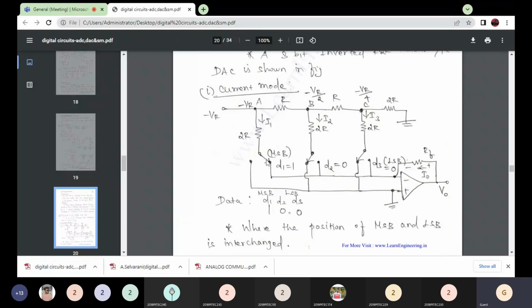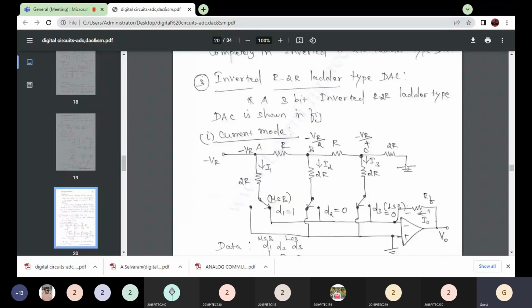The right position is connected to this input node, which acts as a virtual ground. The left position is connected to ground. So in both cases, it is connected to ground.